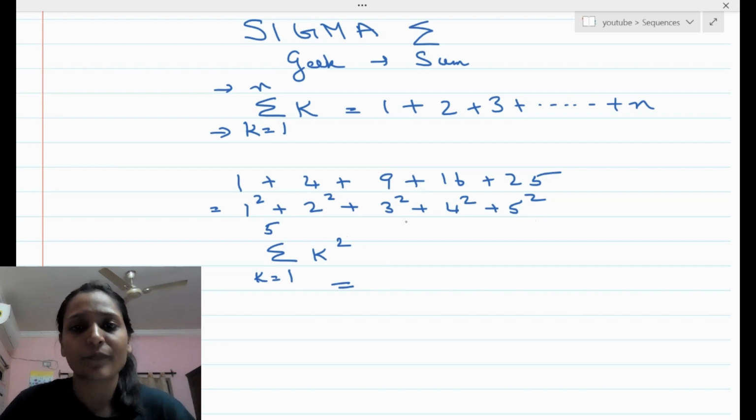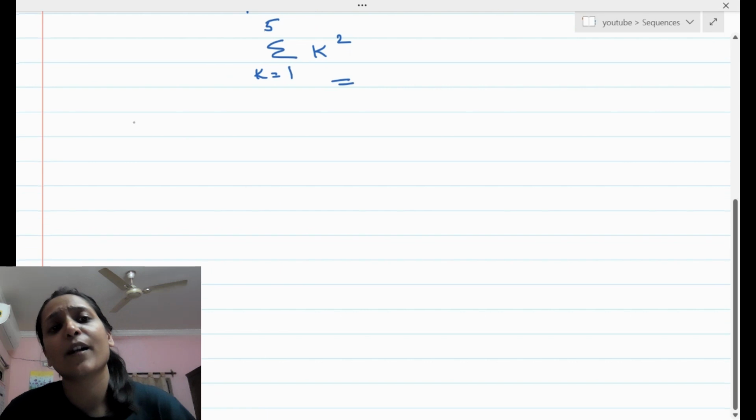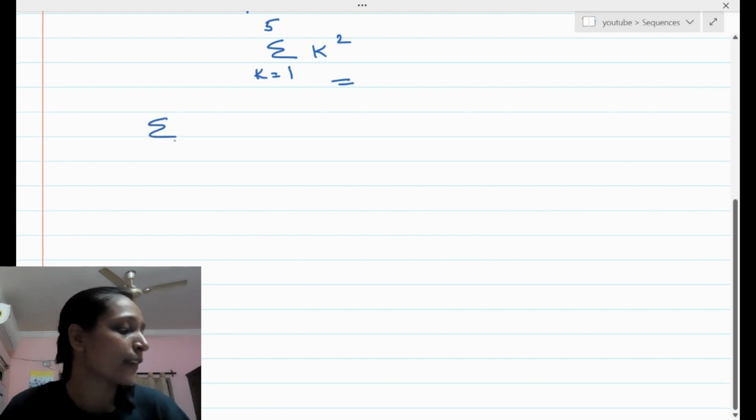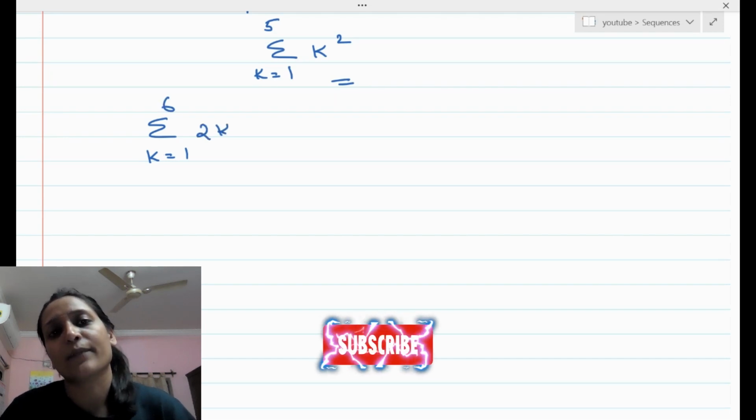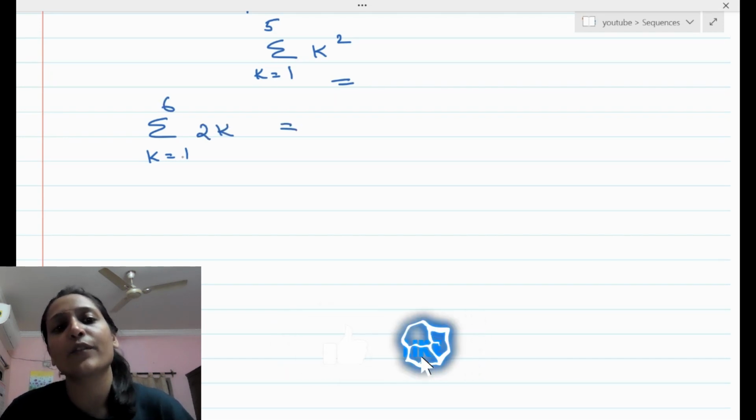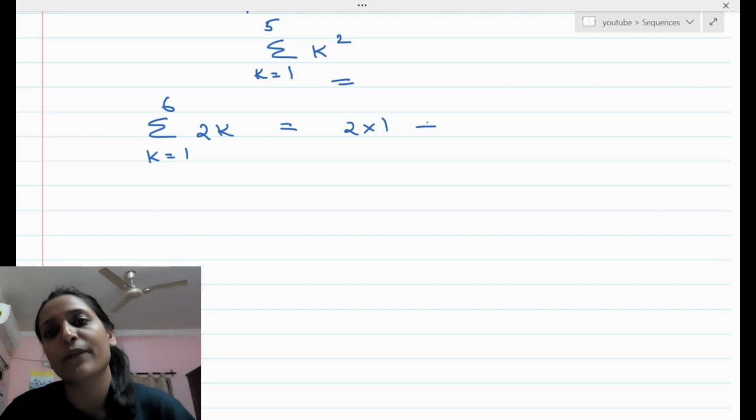Now let's take a sigma notation and try to expand the series. Let's say k equal to 1 to 6, 2k. The first thing I'm going to do is put the value of k as 1 into this 2k value. So 2 times 1 would be my first element. The second element would be 2 times 2. Like I said, we have to iteratively increase the value.